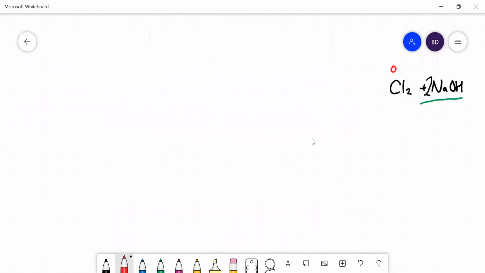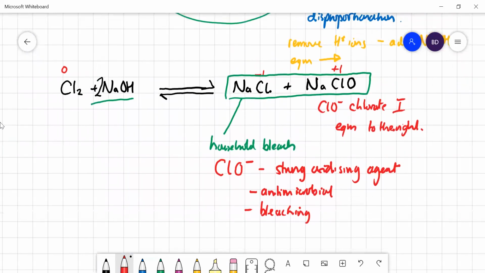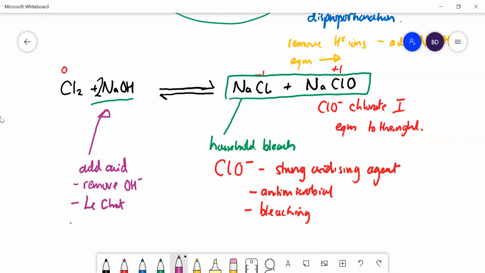Go back to where we were. Okay, so this is our equation. Now here, if we add acid, what will that do to the OH minus? It will remove the OH minus. Le Chatelier tells us what's going to happen. If you remove OH minus, it's going to try and make OH minus. And how will it do that?